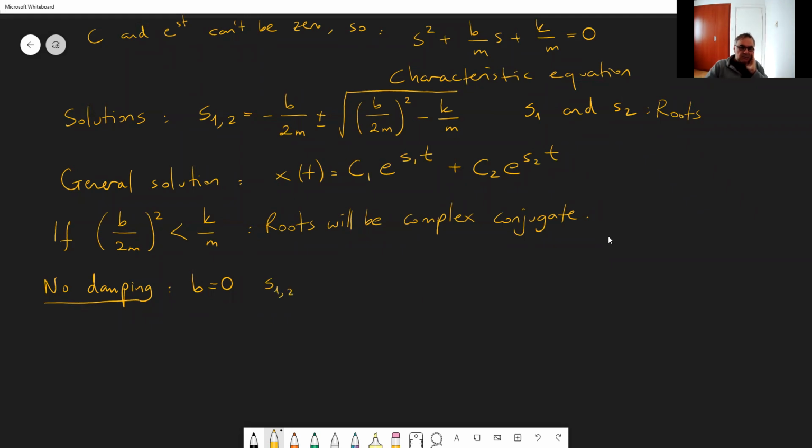In this case, s1,2 would be, b goes away, b is 0, just simply plus minus the square root of minus k over m, which is equal to, again, plus minus the square root of a negative quantity.